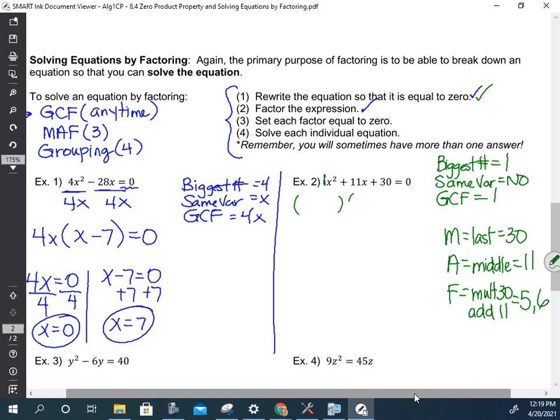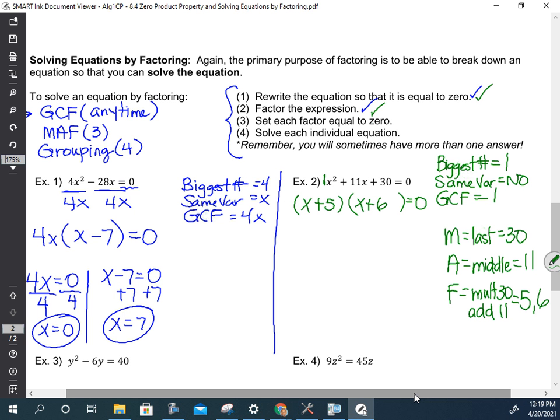So MAF means we keep parentheses. X plus 5, X plus 6 equals 0. So now we're done factoring. Now we just solve it.